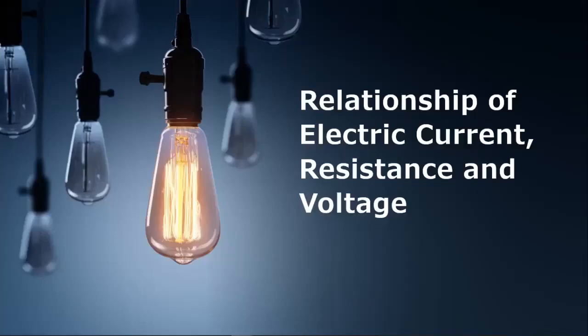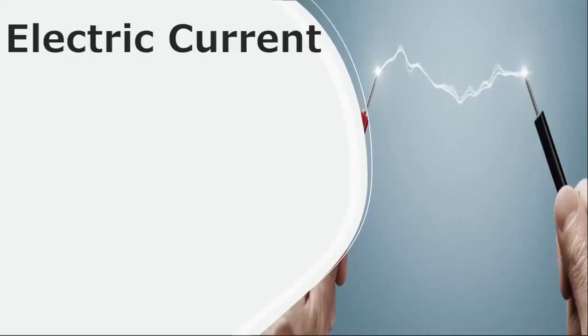Welcome everyone. For this video, we are going to discuss the relationship of electric current, resistance, and voltage. Electric current is a flow of a charge, which means that all charged particles, whether in solid or in liquid, will flow on a certain object.